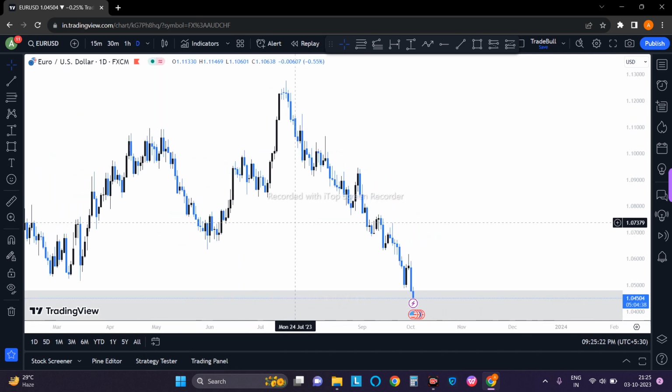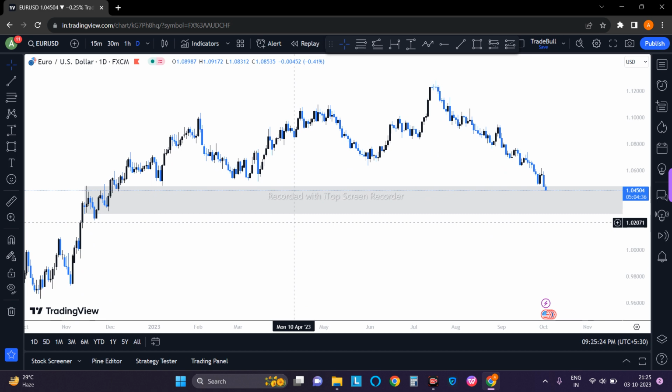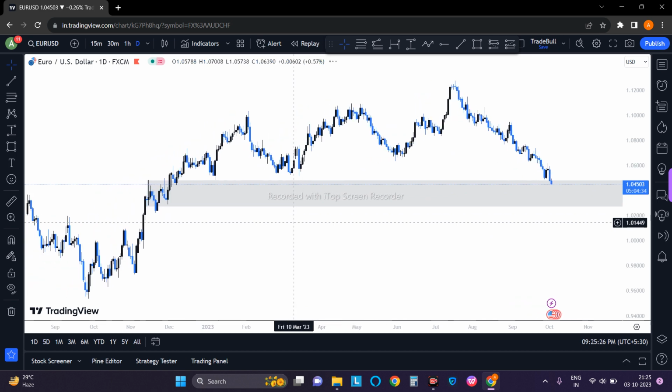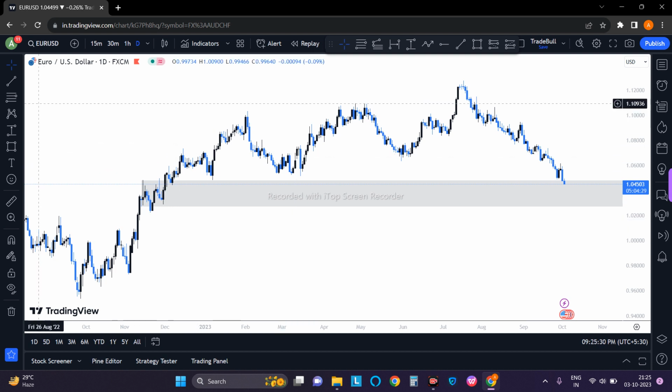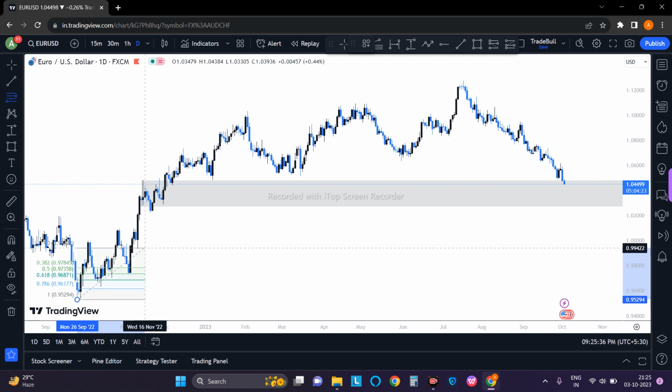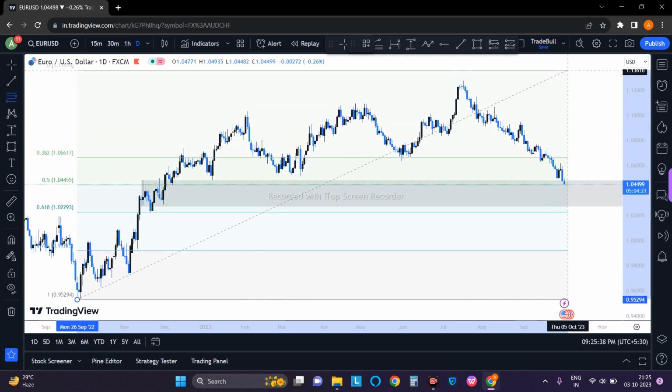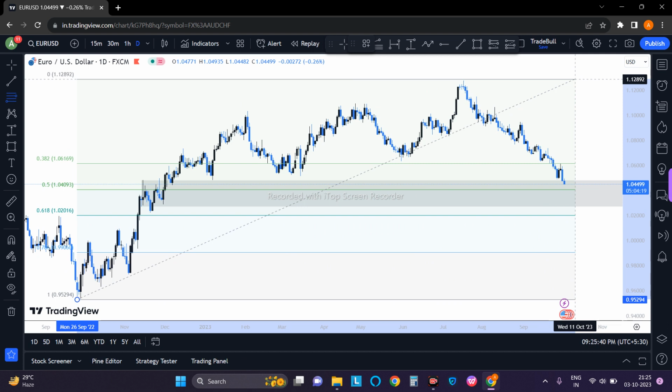Does this level coincide with something else, or is it more or less a single support that we have? Okay, so to study further, let me also see, is this level a Fibonacci level? Starting from the very base of this move, we draw our level.